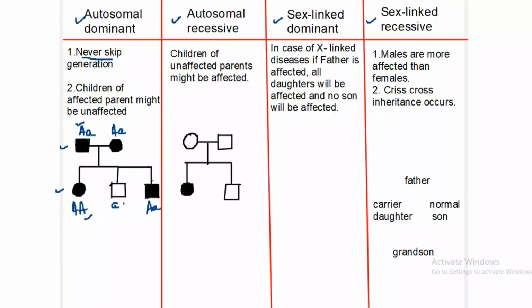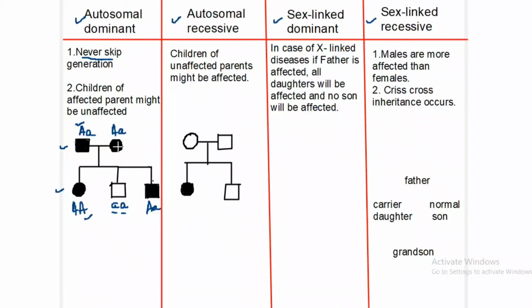But if the child has the genotype small a small a, it will be unaffected. So it is possible that some of the children of an affected parent might be unaffected. It is not compulsory that all the children will be affected or all unaffected.